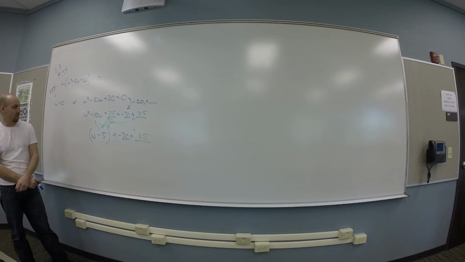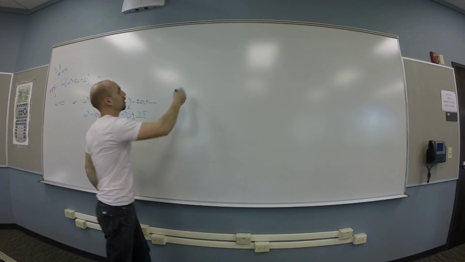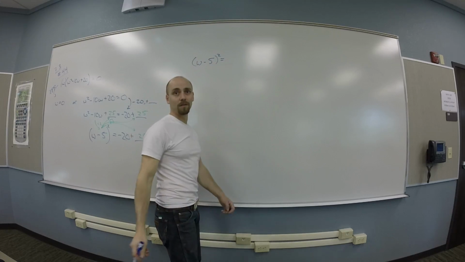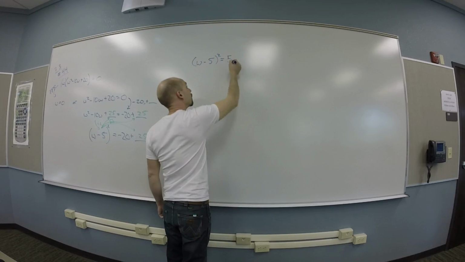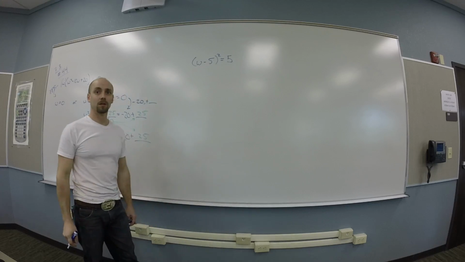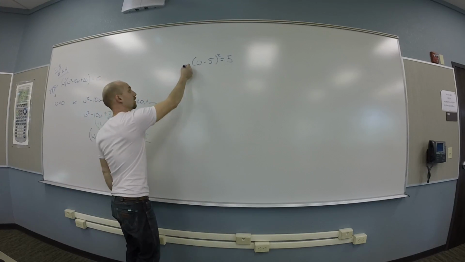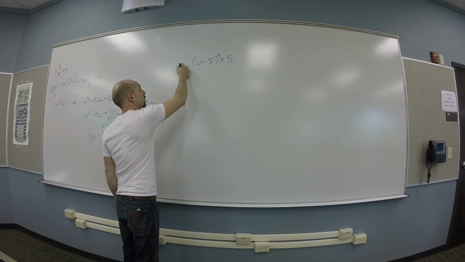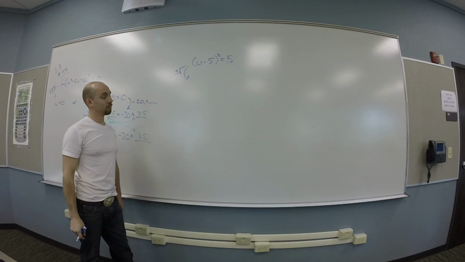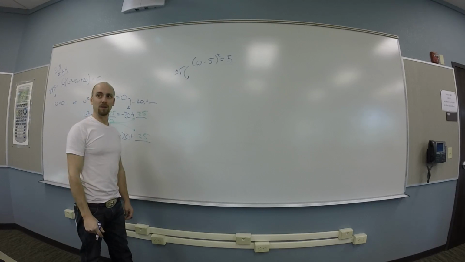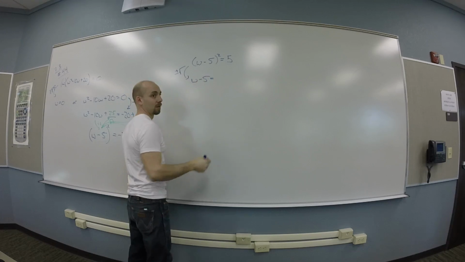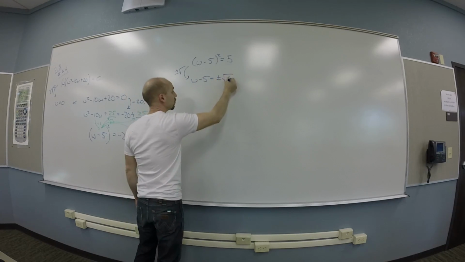So I've got W minus 5 squared is what? Yeah, so now I'm done with complete the square, so I'm running extraction of roots. So I do plus or minus square root. What do I get? W minus 5 is plus or minus square root of 5.